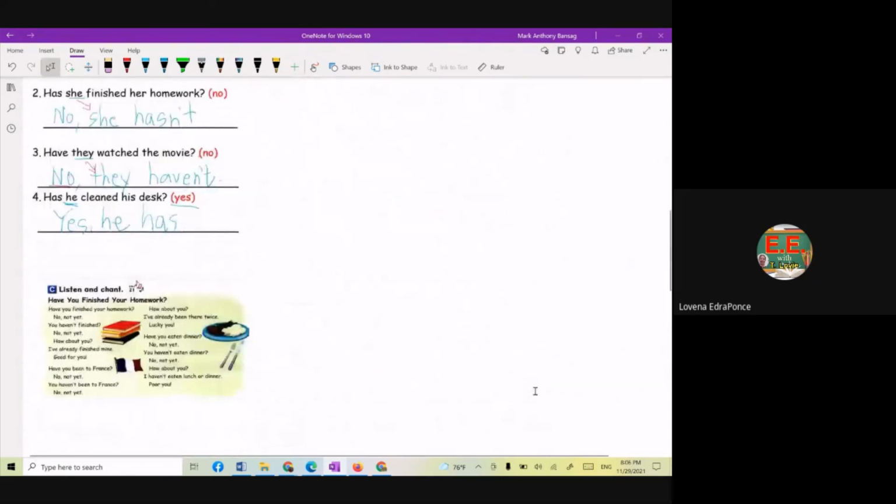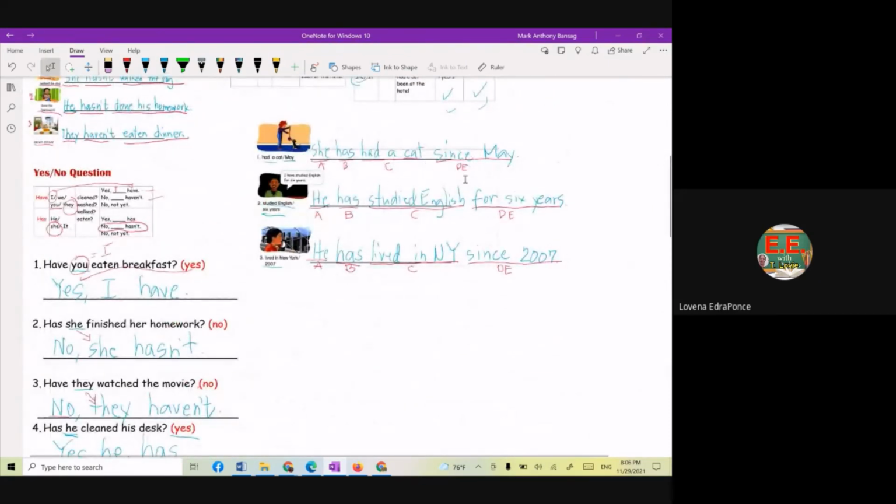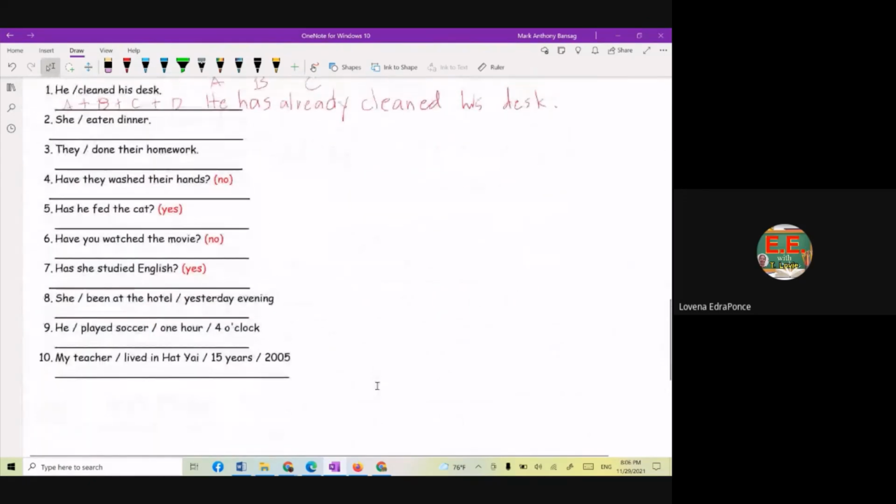So here we have A, B, C, and D or E. So this is our A, plus our B, has or had, plus C, plus D or E. Now, if only D is given, you can put only D. If E is only given, you put E. But if D and E are given, you put both. No?